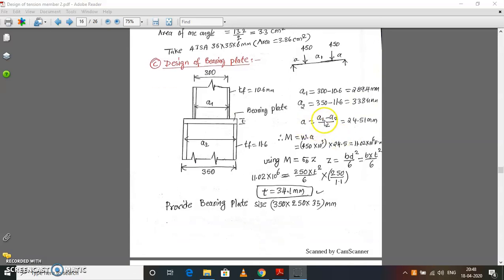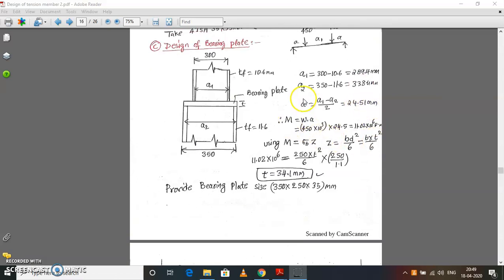So A value works out to be A2 minus A1 divided by 2, 24.51. This distance is 24.51 millimeter. Now the maximum moment due to this simply supported load with 2 point forces is M equal to W into A. So W is 450 into 10 power 3, into A is 24.5, that is 11.02 into 10 power 6 Newton millimeter.